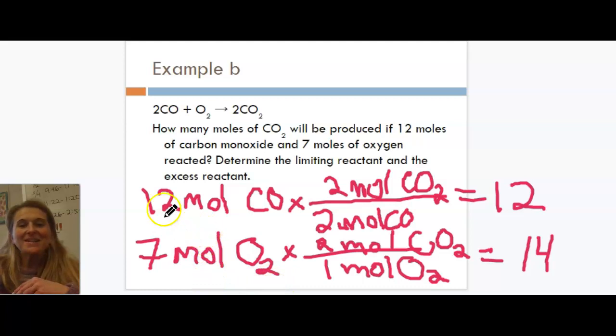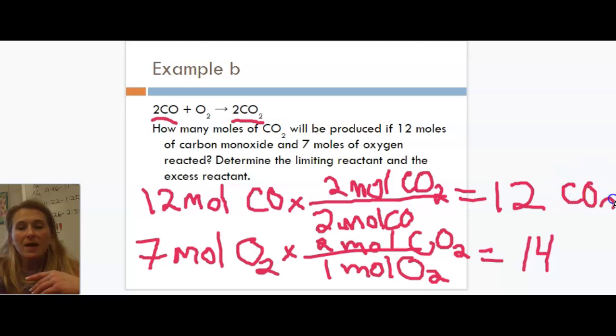It takes so long. So 12 moles of carbon monoxide is what we're starting with, and we pull that ratio from our equation. So for every 2 moles of carbon monoxide, we're going to make 2 moles of carbon dioxide, which means we're going to end up with a total of 12 moles of carbon dioxide.